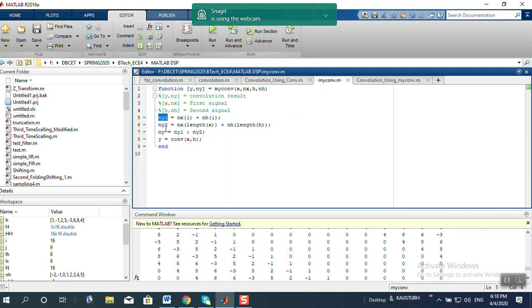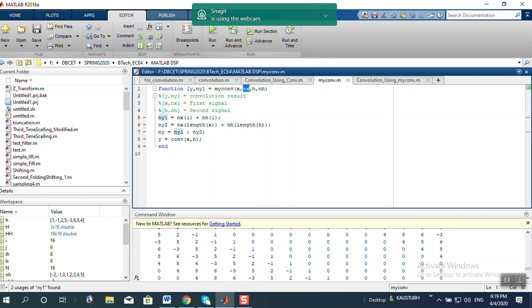Now here I am using one ny1. The logic is this much only, very small. ny1 is the starting time of the convolved signal y. This is nothing but the starting time, because this program does not know what nx1 and nh1 are. Therefore I have written nx within bracket 1. It means it will take the first value of nx. Here you will provide the nx.